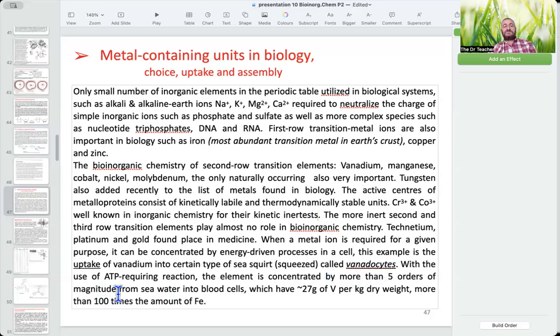With the use of an ATP-requiring reaction, the element is concentrated by more than 5 orders of magnitude from the seawater into blood cells, which have almost 27 gram of vanadium per kg dry weight, more than 100 times the amount of iron.